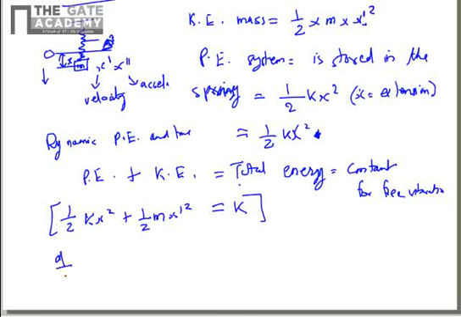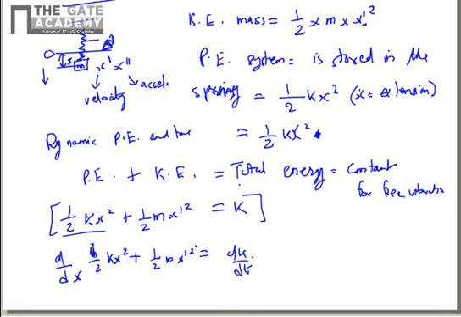Now you differentiate both sides, because this is an identity and we can differentiate it with whatever quantity we wish. So d by dt of half kx square plus half m x dash square is equal to dK by dt.